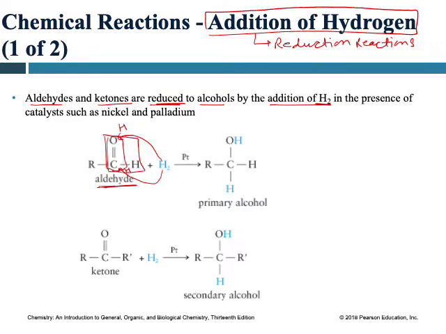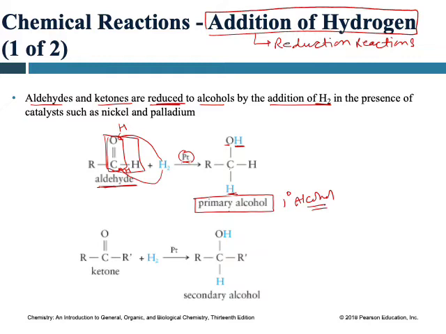One goes to the oxygen, one goes to the carbon that contains the oxygen bond, and you always produce a primary alcohol. This is a reduction reaction in the presence of a catalyst called platinum. So when you reduce an aldehyde, you're gonna get primary alcohol.